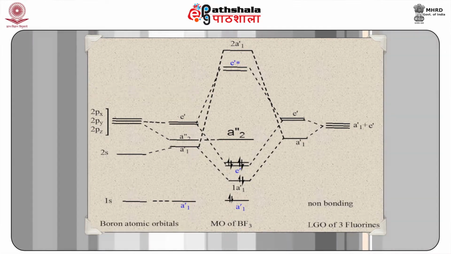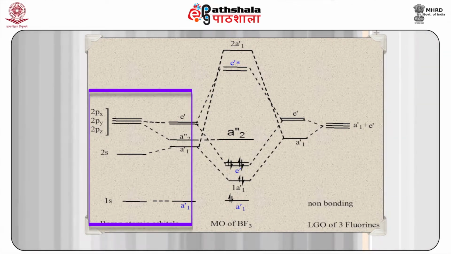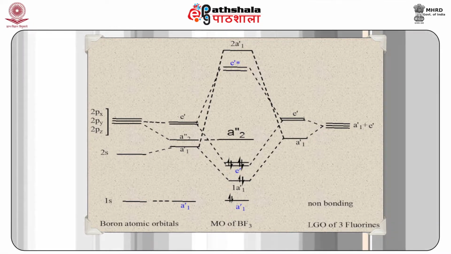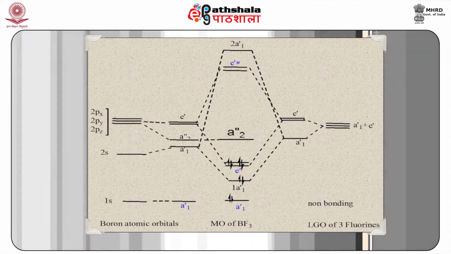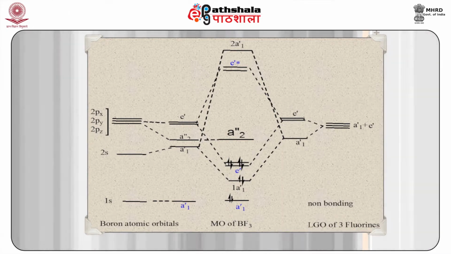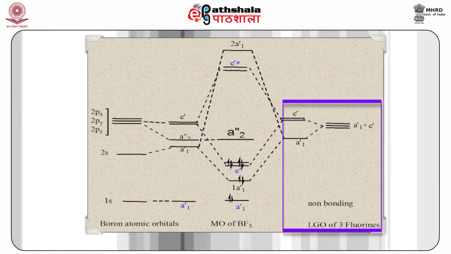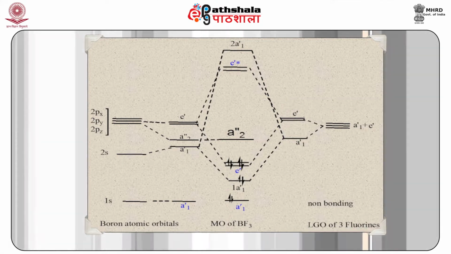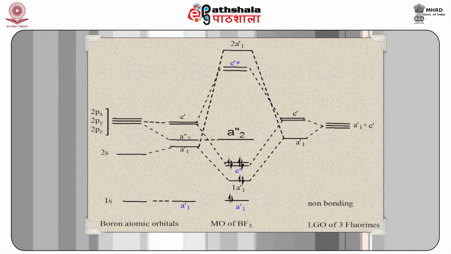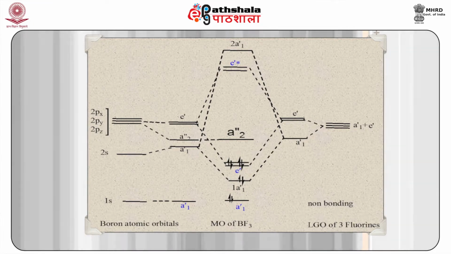On the left hand side we have the symmetry of boron, and on this side the symmetry of the LGOs of fluorine, and they are matched. After matching we get the bonding and anti-bonding MOs, and these are filled as per the rules we follow in atomic structure.